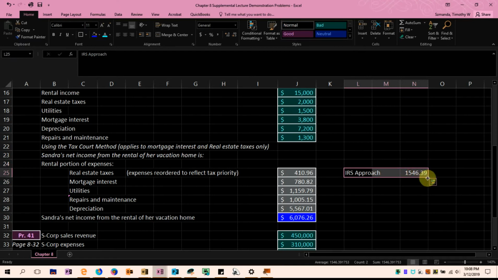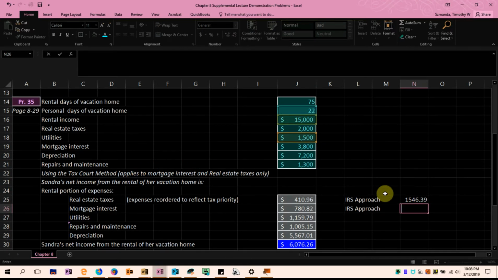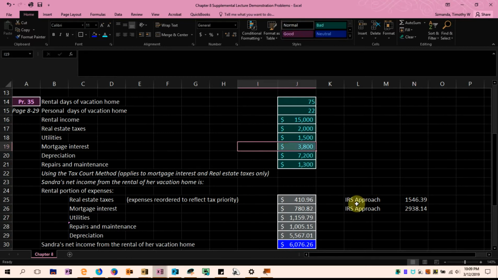So just for comparison purposes, if I were to bring this down and do the exact same approach for the mortgage, I would take the mortgage cost of $3,800, and I'd multiply that times, again, this is the IRS approach, 75 divided by the quantity 75 plus 22, and that's the allocation of the $3,800 mortgage interest using the IRS approach.